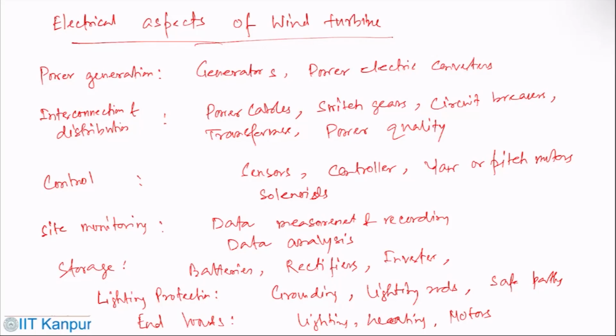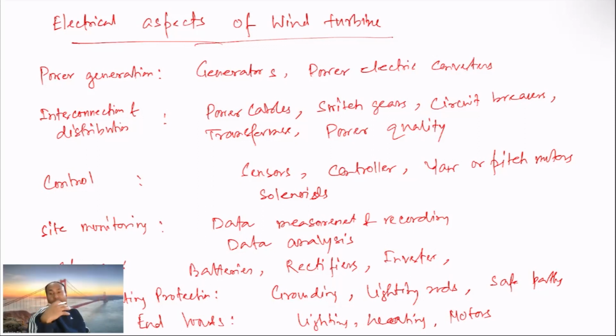So obviously you have these different aspects of the electrical system like power generation, interconnections, control, site monitoring, storage, lightning protection. So one has to also look at it. Truly speaking, this whole wind energy system design and integration is a multidisciplinary system. It is not only understanding of the aerodynamics and forces that is required. Then you have structural responses.